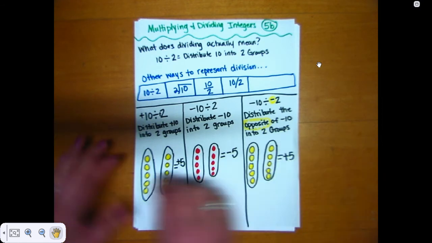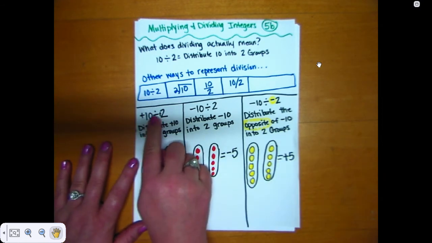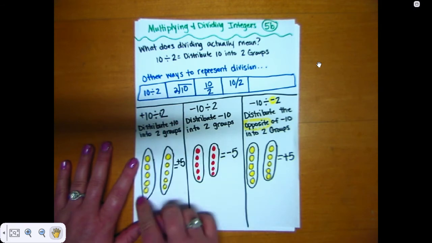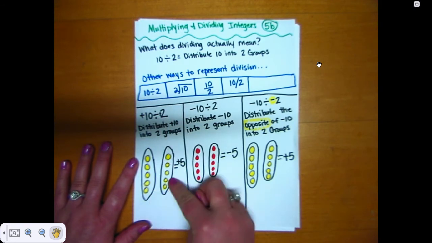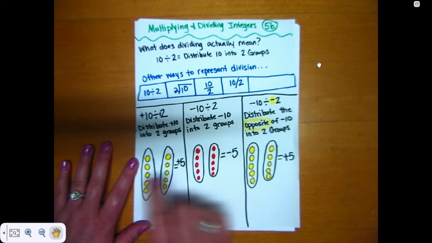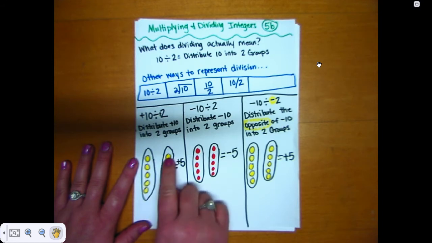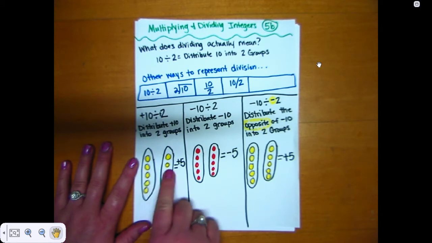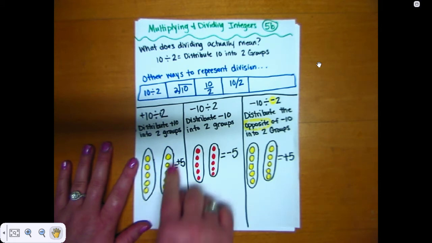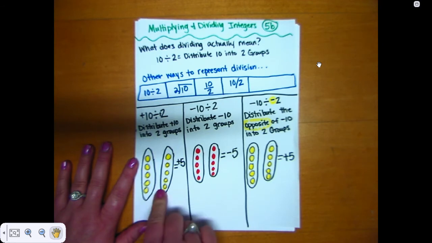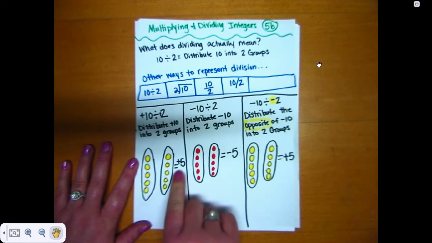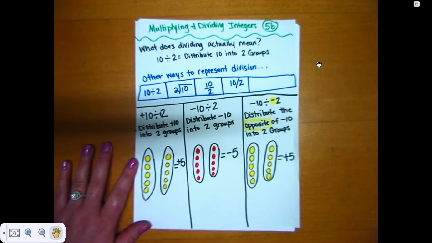So we said positive 10 divided by positive 2 meant that there were two groups, and we needed to put positive 10 between those two groups. So we did 1, 2, 3, 4, 5, 6, 7, 8, 9, 10. So we had positive 10 and we split it into two groups. So we got positive 5.